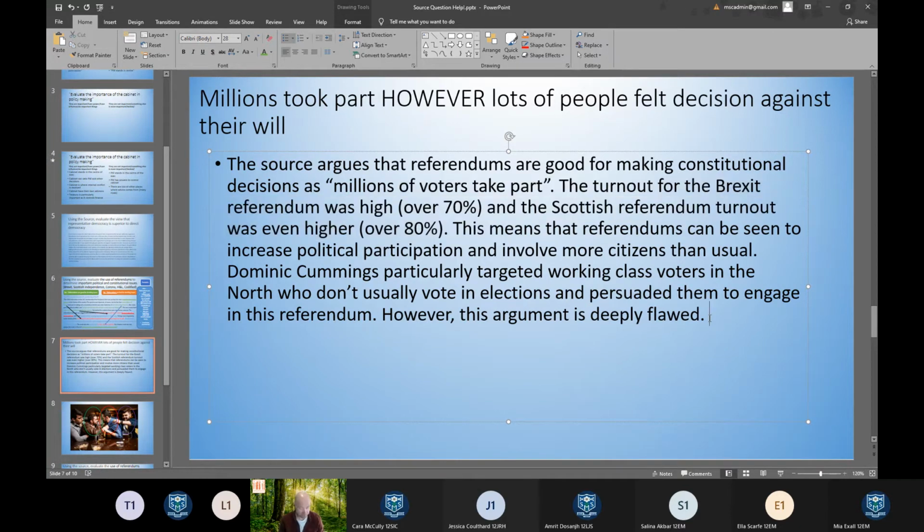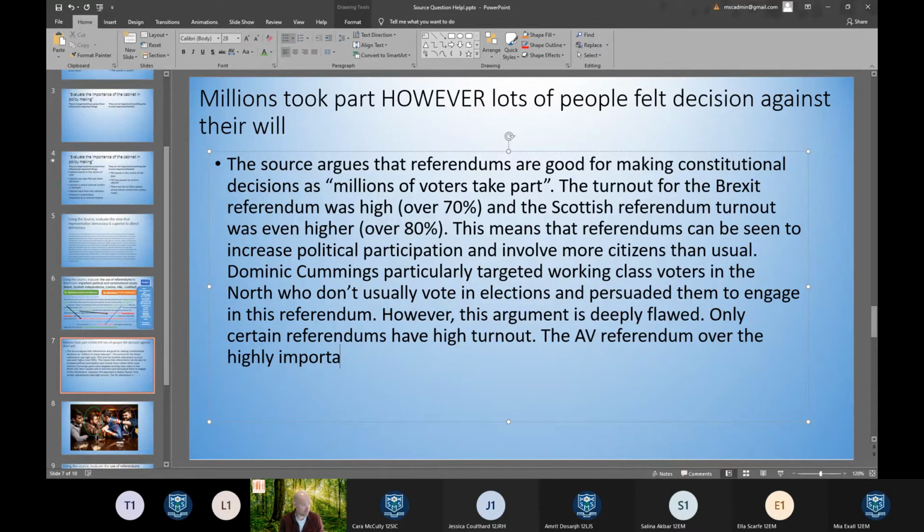However, this argument is deeply flawed. Only certain referendums have high turnout. The AV referendum over the highly important constitutional issue of electoral reform had a turnout of around 40%.